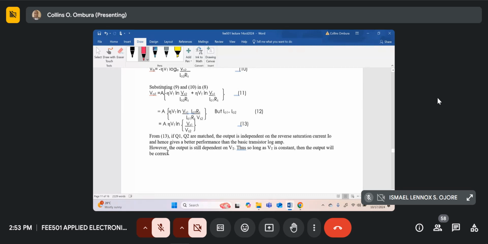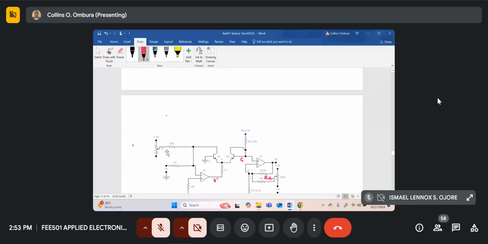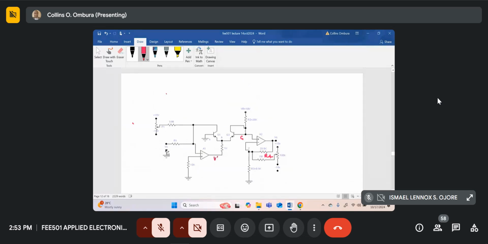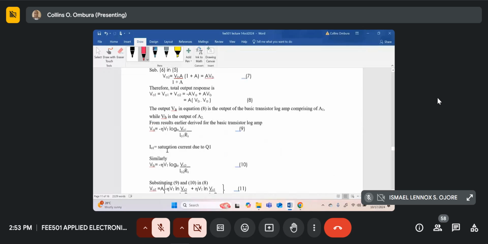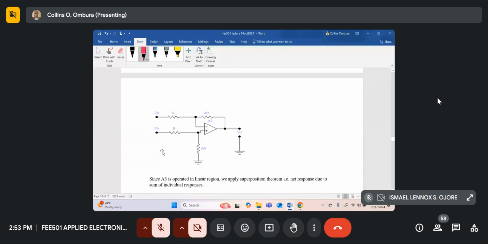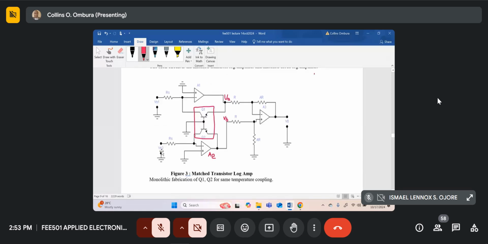Now let's look at a better circuit which can do away with, no, not yet. Now this circuit over here, I don't think you're using this circuit in the lab. This is still a very theoretical circuit. It is not practical.